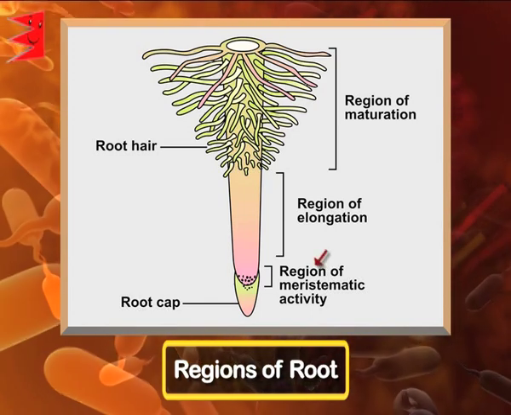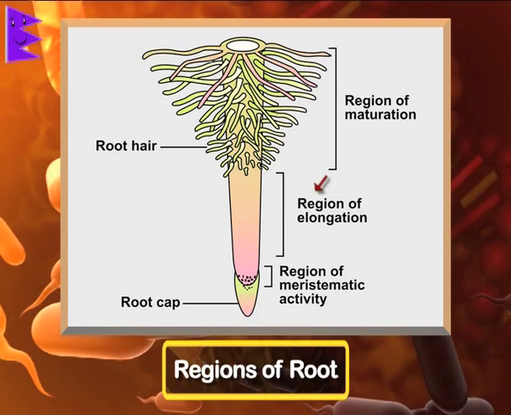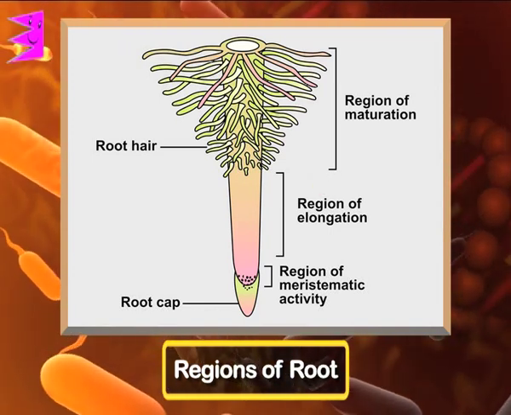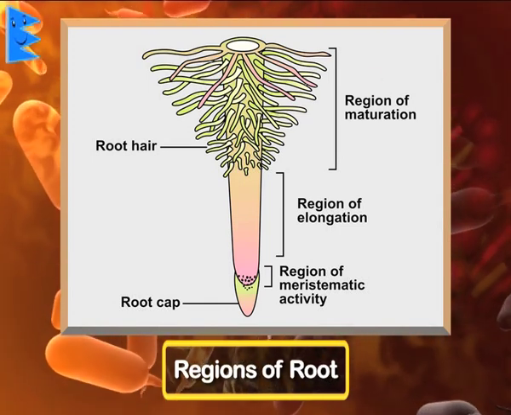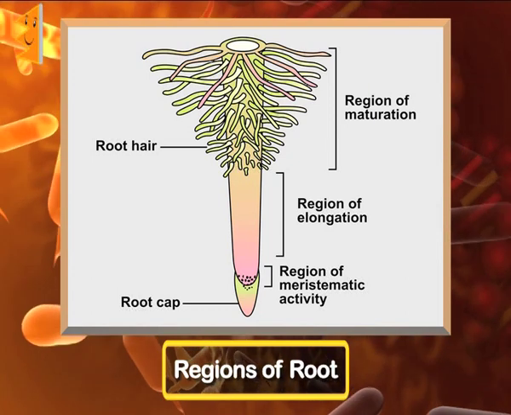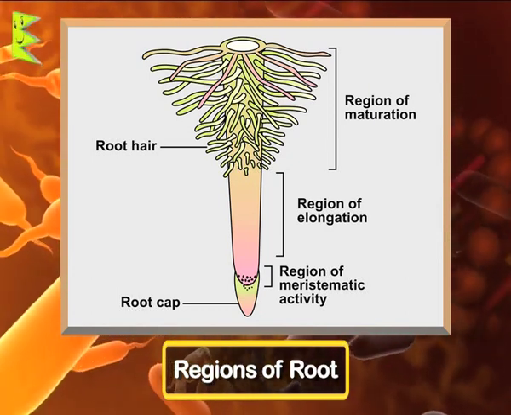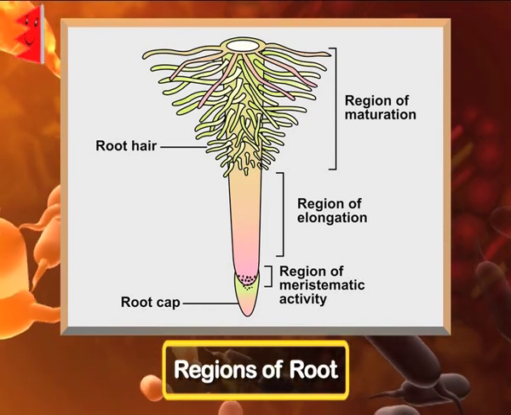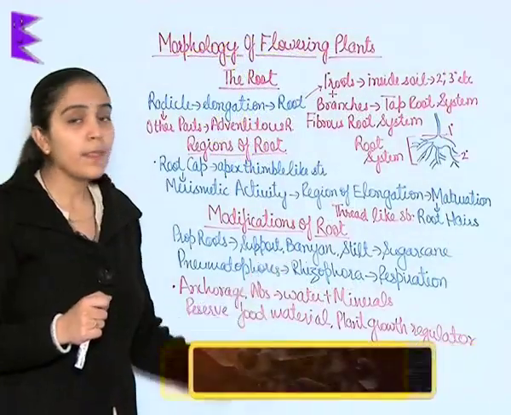Above this is the region of elongation, which leads to growth and elongation of the roots, and above this is the region of maturation, where cell growth and cell division stop. Above the region of maturation, root hairs are present, which are thin thread-like structures.